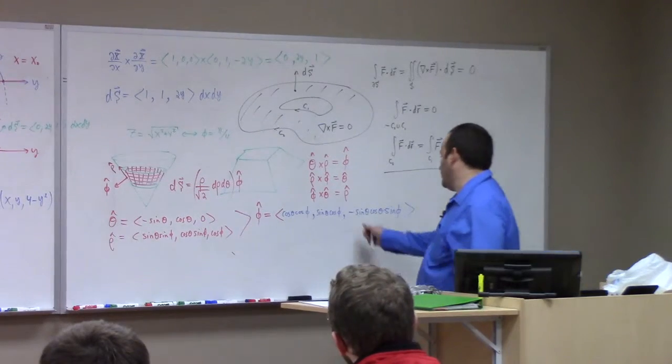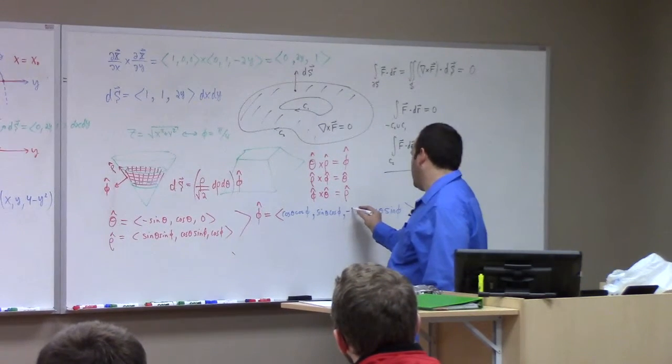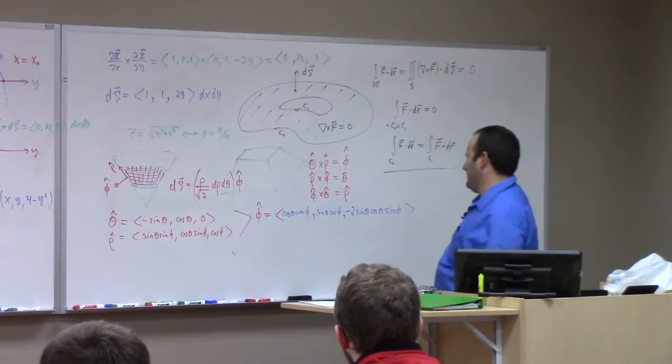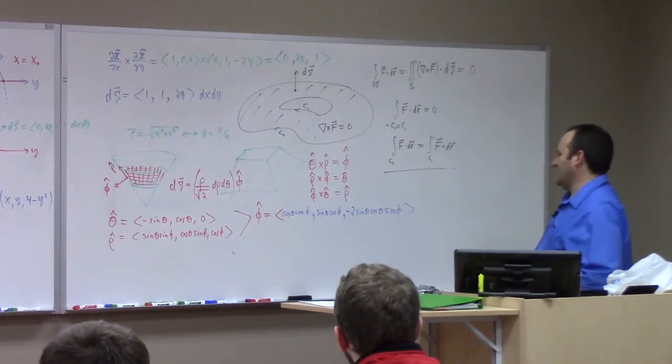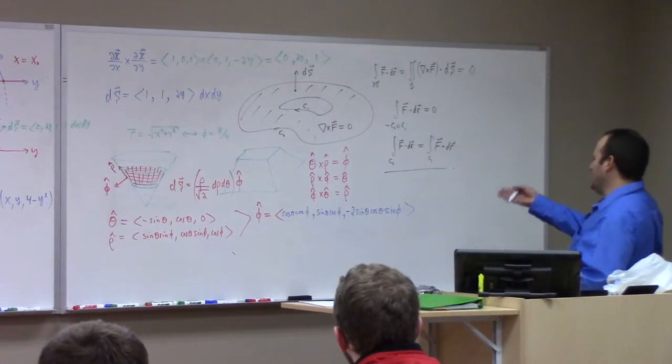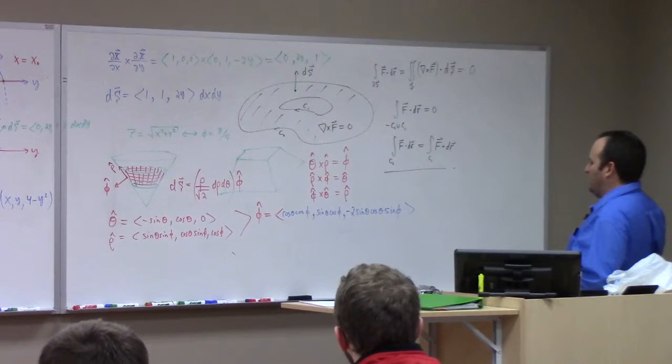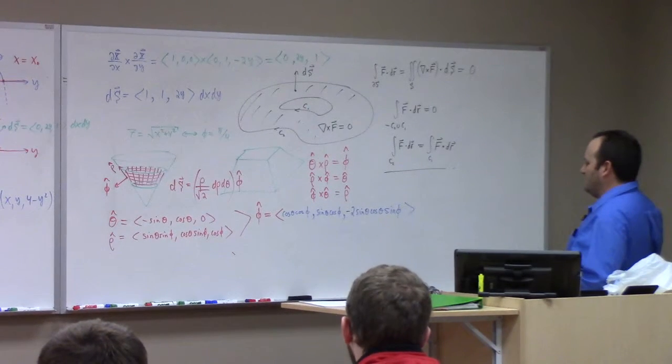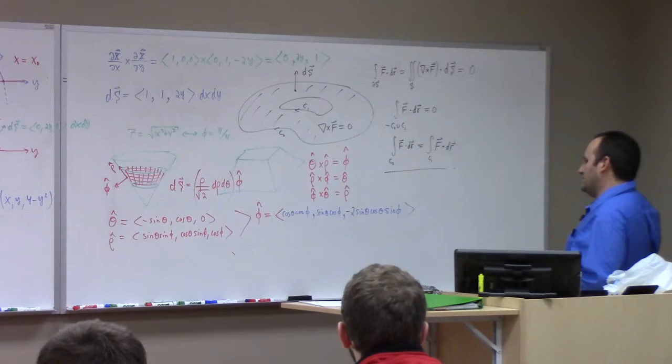Oh, there's two of them? Is that it? That doesn't feel right to me. I mean, is that a unit vector? It's not a unit vector. That's not right.